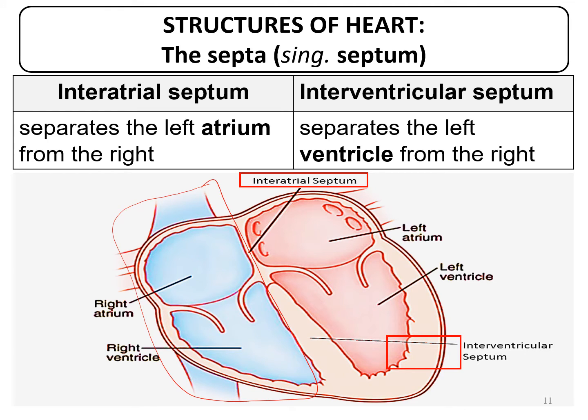This is the right side and this is the left side. There is a muscle in between the right and left chambers. It is called the septum. The part of the septum that separates the atria is called the interatrial septum, while the part of the septum that separates the ventricles is called the interventricular septum.